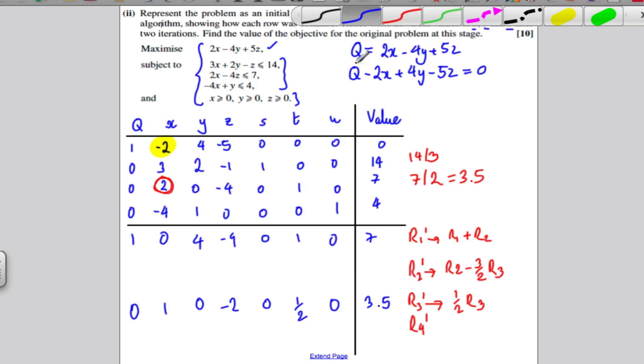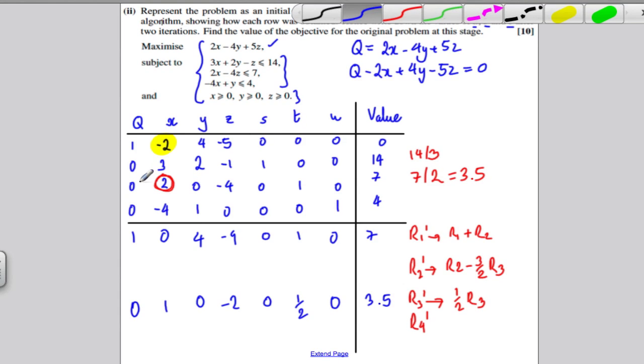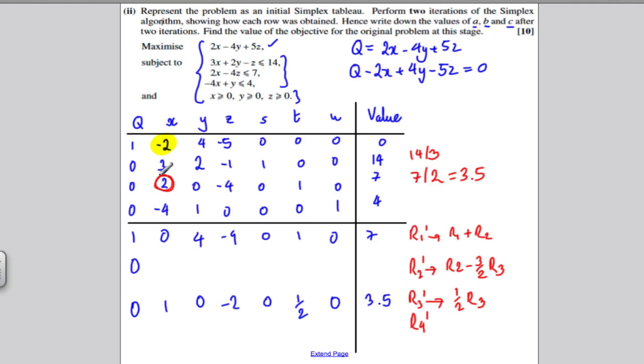So what we've got is that, take away 3 over 2 lots of that, is 0. That, take away 3 over 2 lots of that, is 0. 2, take away 3 over 2 lots of 0, is 2. Minus 1, take away 3 over 2 lots of minus 4, would equal 5.